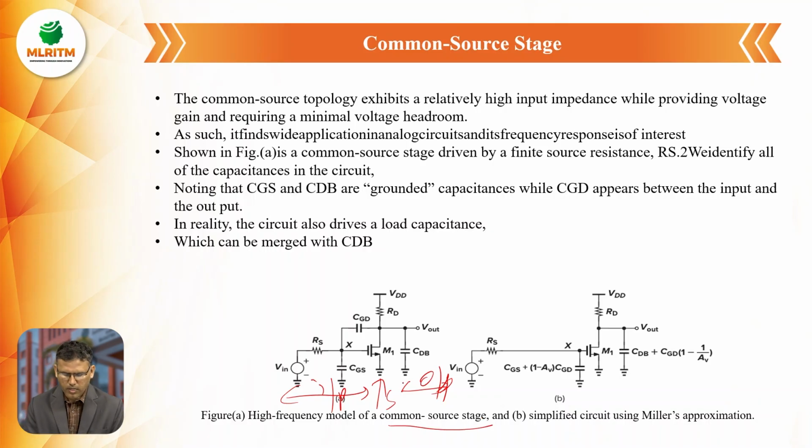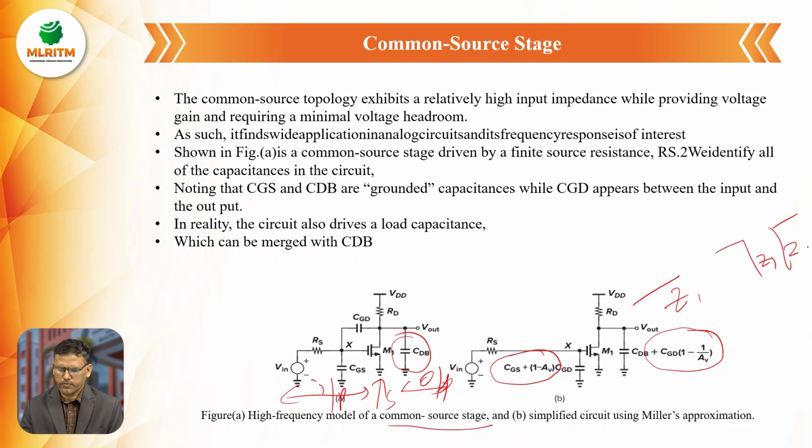According to Miller's theorem, we can write the input resistance values in terms of the input gains and output capacitance, and you can write the output voltage gain. So this is a circuit according to the Miller theorem. Z can be represented in terms of Z1 and Z2.